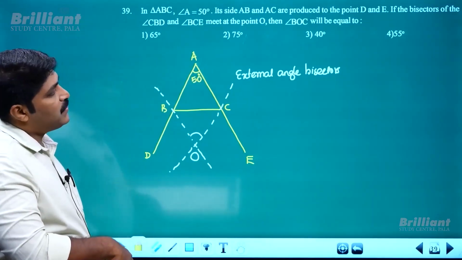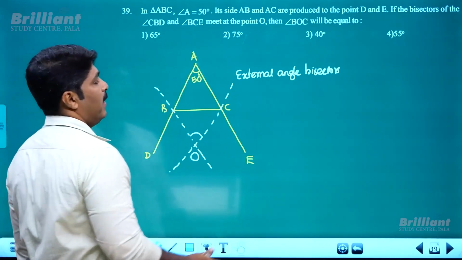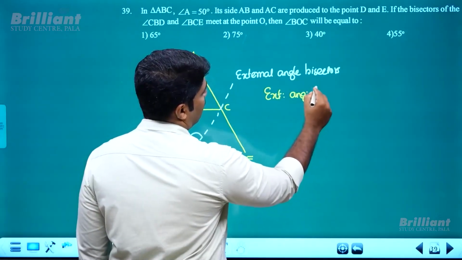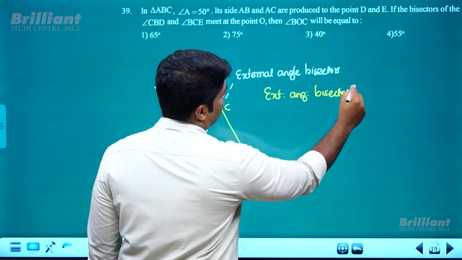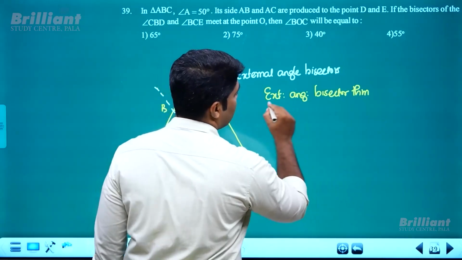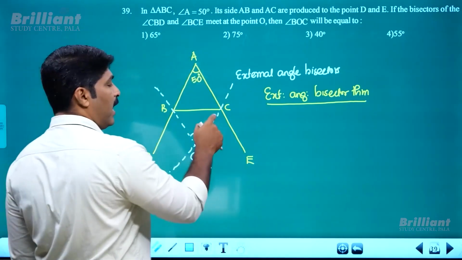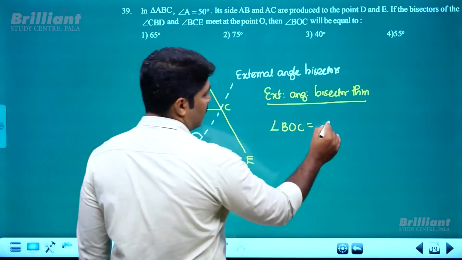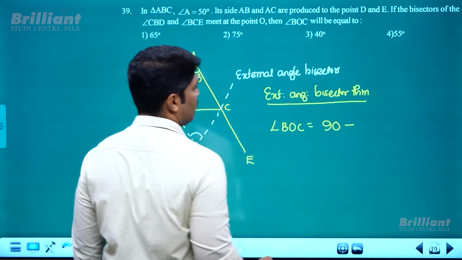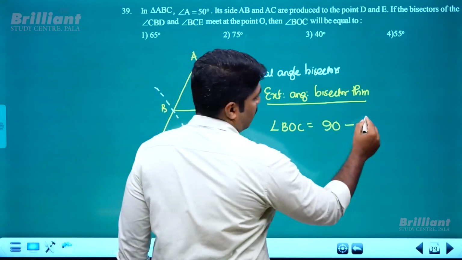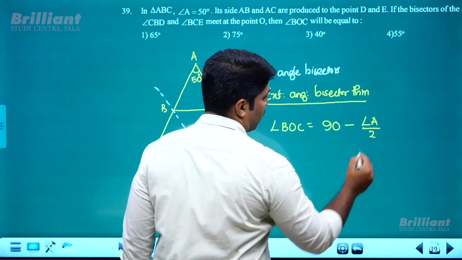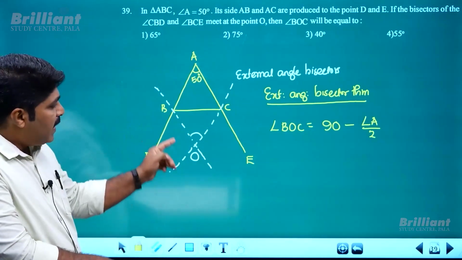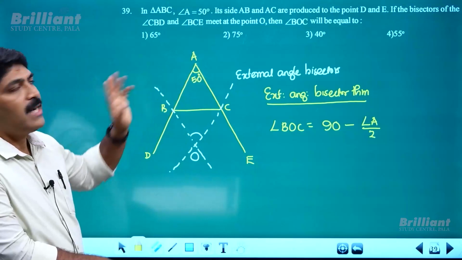As per the external angle bisector theorem, angle BOC is simply 90 minus angle A by 2. So that's a direct result: the measure of angle BOC is 90 minus angle A by 2.